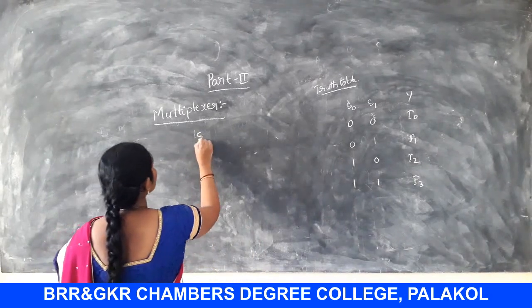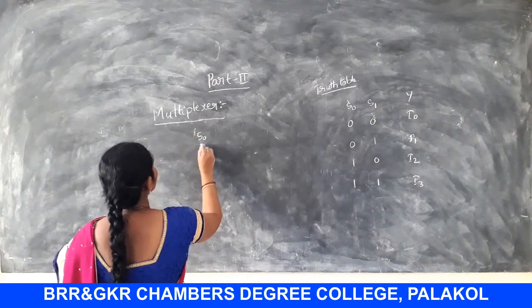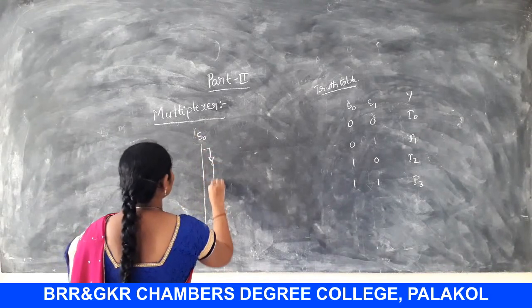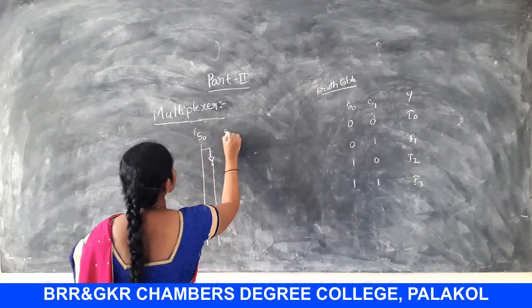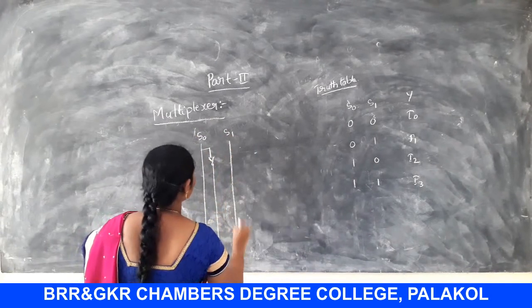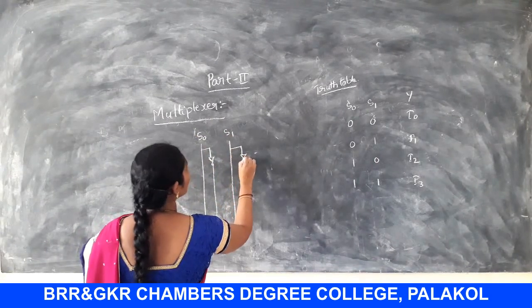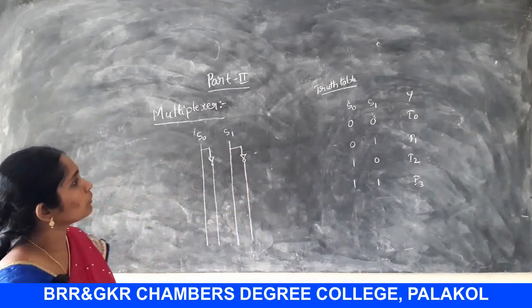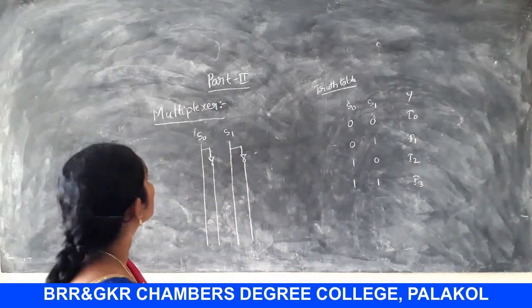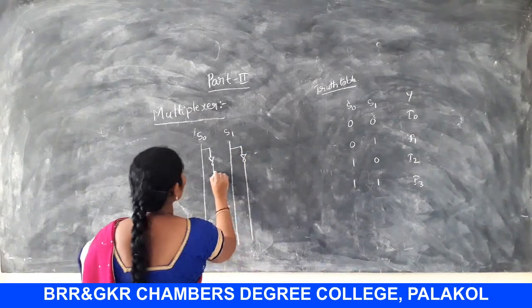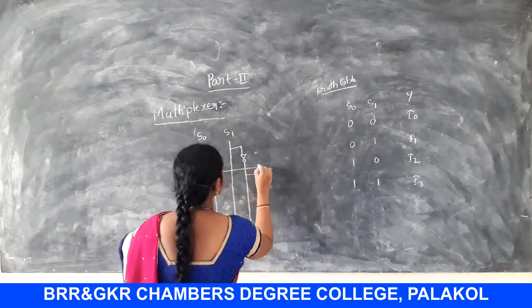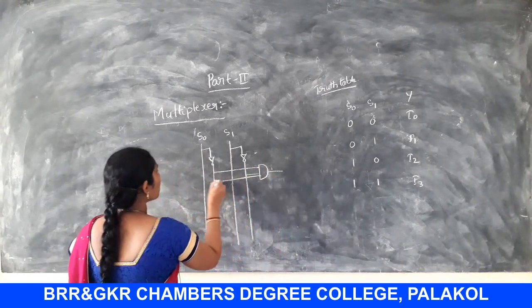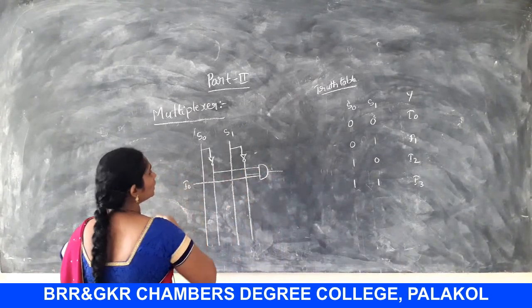So here this is S0, and this is S1. Here there is a NOT gate for this. How to draw this? Here S0 is 0 and S1 is also 0, so we have to apply I0 here.